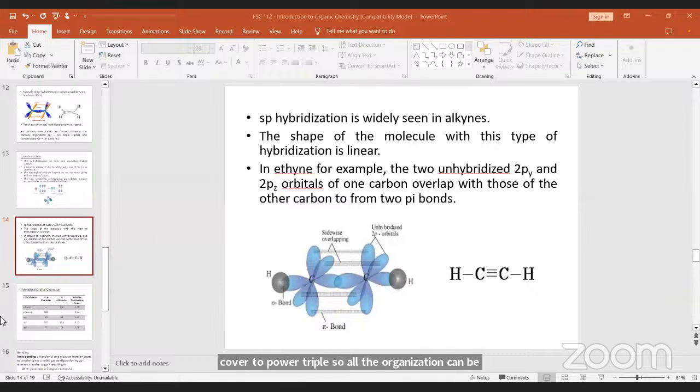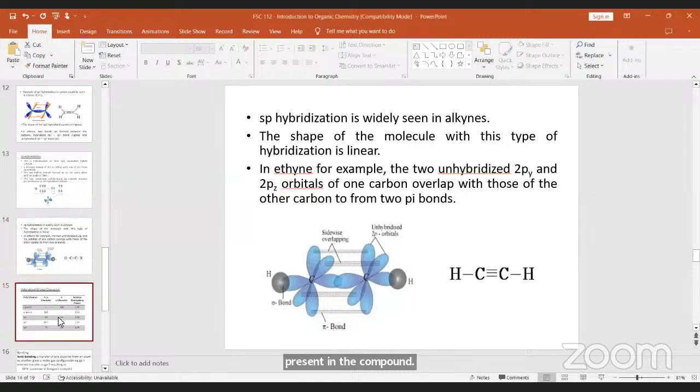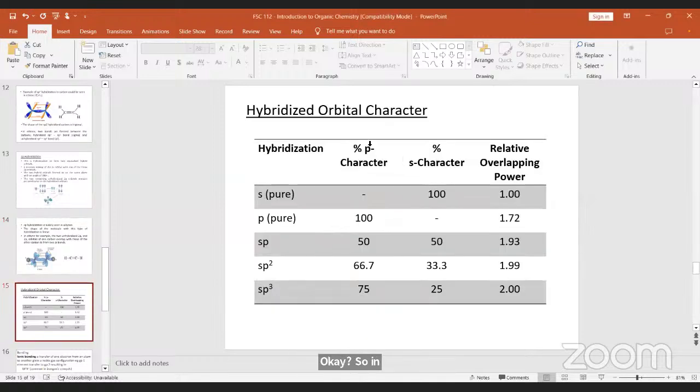Okay. So in summary, I have this table. We have percentage p orbital, percentage s orbital. For sp hybridization, the percentage of the hybridized orbital for the p and s is 50-50 because it is just 1-1.